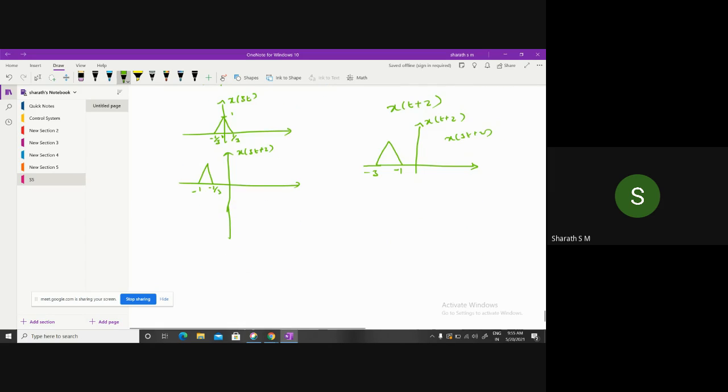So just perform the addition of these two. So here we have a scale as minus 1. It starts from minus 1. So this is y of t. And here we have an intermediate scale as minus 1 by 3, and the ending scale is plus 1 by 3.